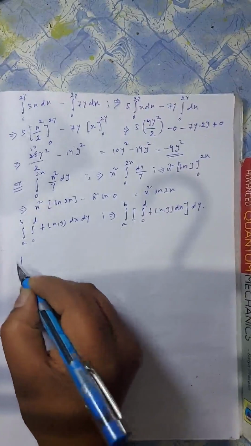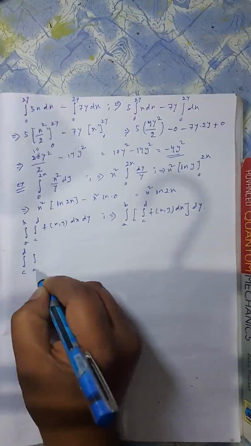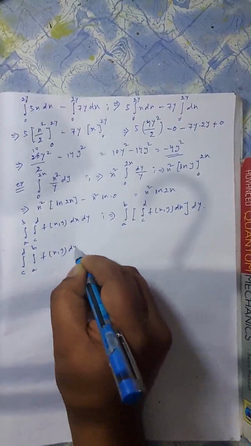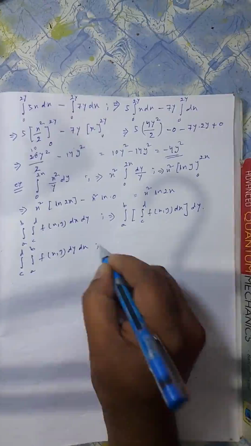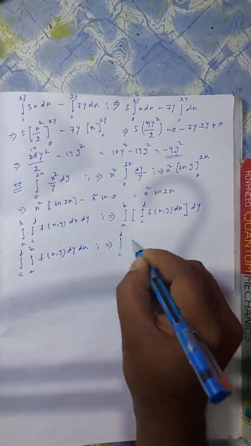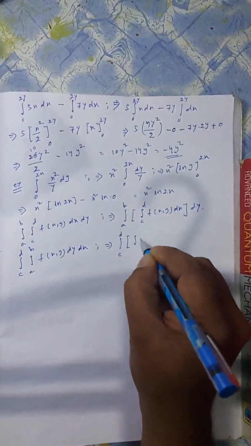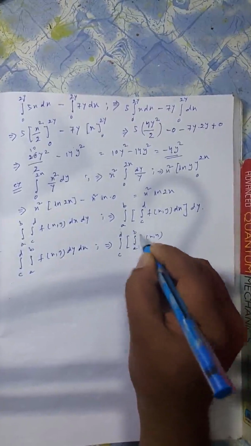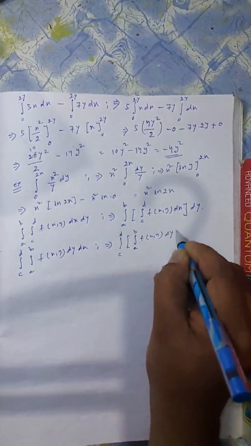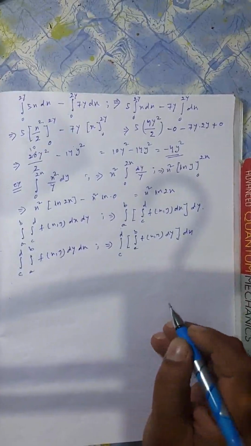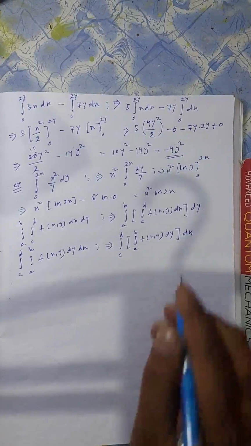Suppose it is c to d integration a to b f of xy dy dx. How we do, take this integration outside, c to d, find square bracket f of xy, here a to b dy first, so integrate with dy and keep the dx.